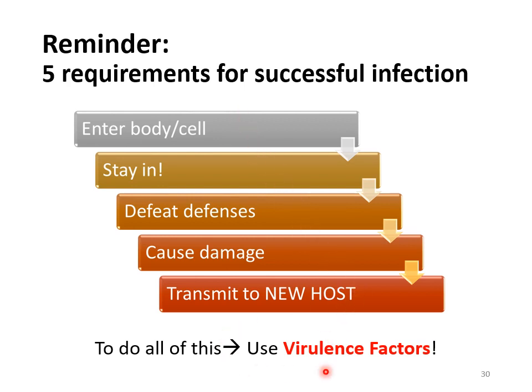Virulence factors are any molecules or structures that help bacteria do any of these 5 requirements for pathogenicity. We're going to go one by one through these various requirements for successful infection.